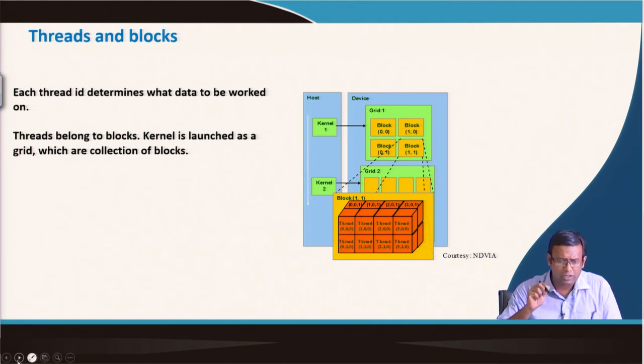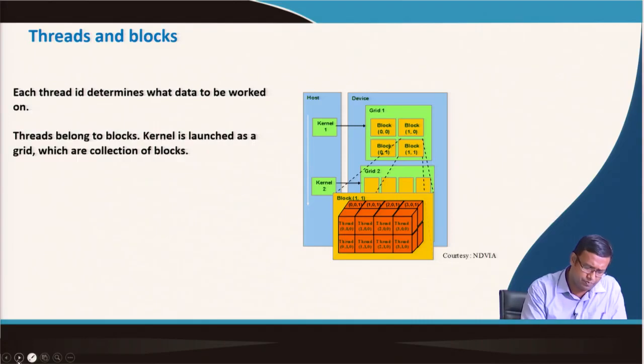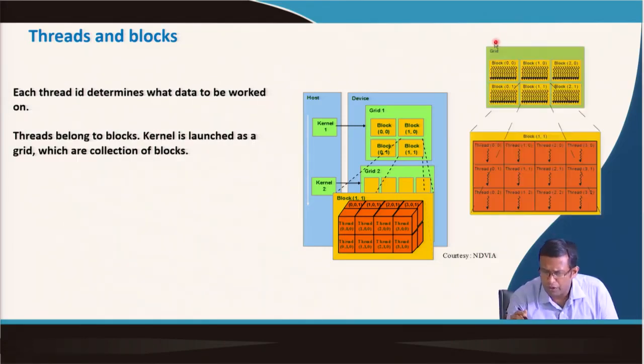Threads belong to blocks. A kernel is launched as a grid, which is a collection of blocks. Inside one particular block, say this block 1 1, there is a Cartesian arrangement of threads, and this can be 2D or 3D.